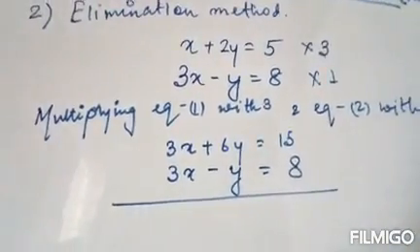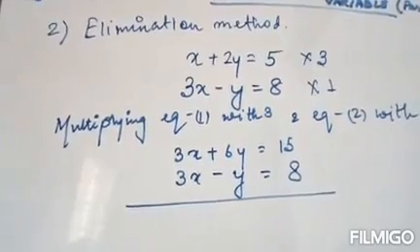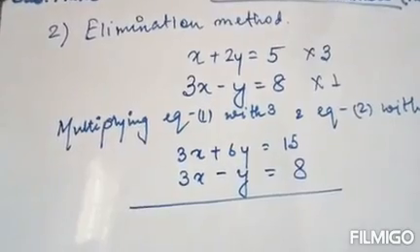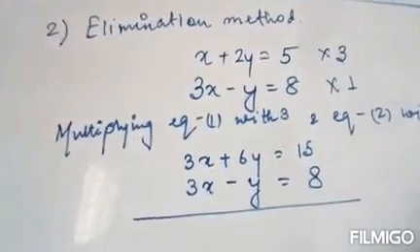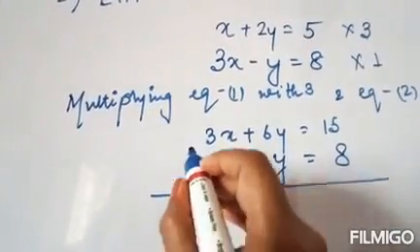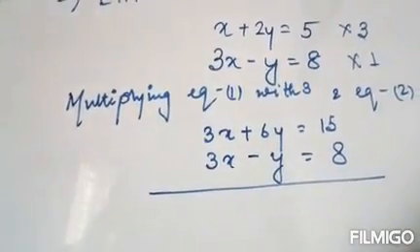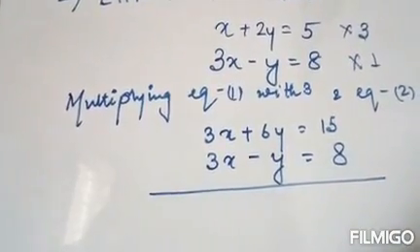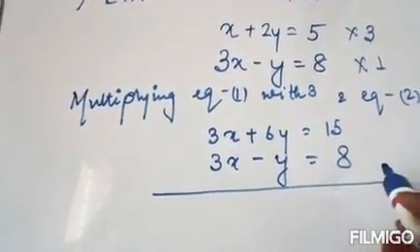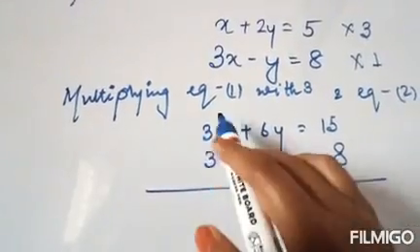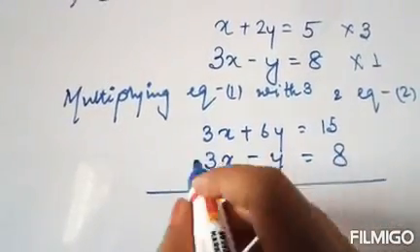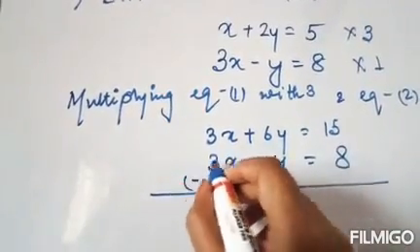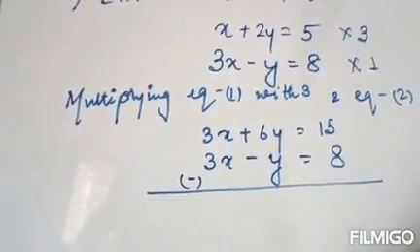Now, as this is the elimination method, I have to do addition or subtraction. If I already have opposite signs, then I don't need to change the sign. But if the signs are not opposite, then I'll change the sign of equation 2.